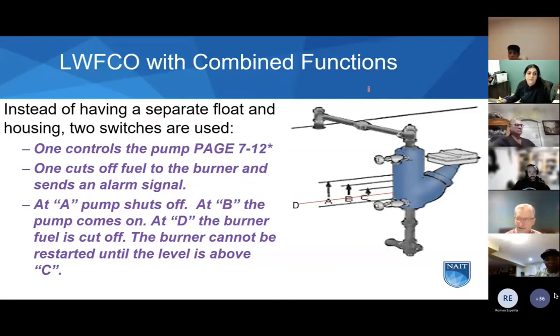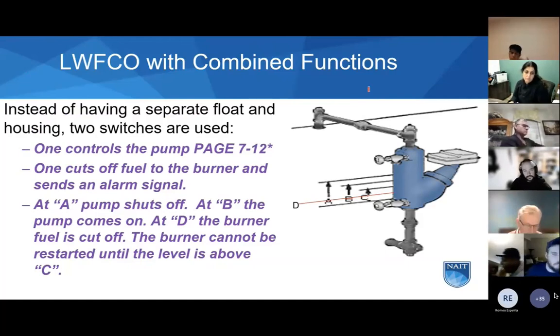Combined functions. Page number 7.12 specifically talks about, it actually starts on page 7.11. Combination low water fuel cutoff and feed water supply switch. Most steam heating boiler feed water supply is controlled by a float switch.